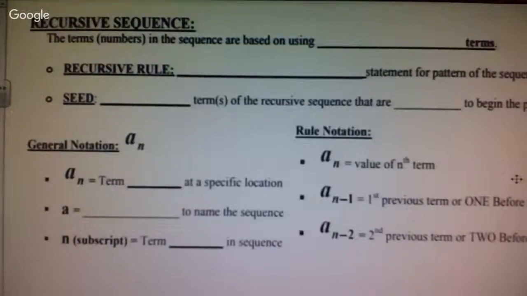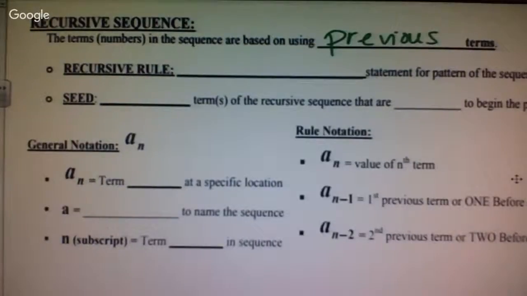So now we're going to go back and write what we call a recursive sequence. The terms in the sequence are based on using previous terms. So, in order to write a recursive sequence or a recursive rule, I have to know what's happening beforehand before I can find out what's going to happen next.